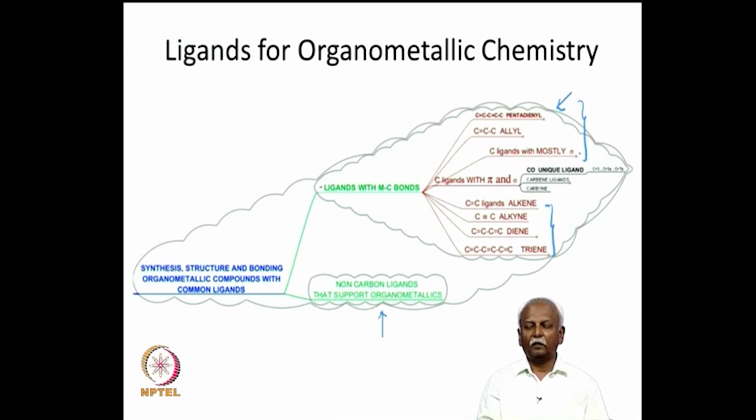In between is the unique carbon monoxide ligand and some substitutes for carbon monoxide, and also some compounds where you have only the sigma bond, and those are the alkyls, indicated by metal alkyls, vinyls and aryls, etc. So, today we will talk about the chemistry of metal polyolefins, metal dienes mostly.